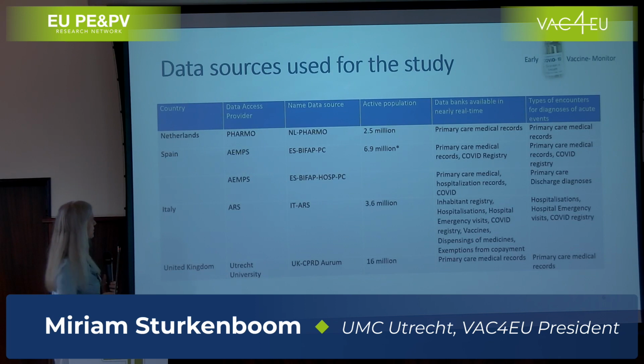The Spanish data from the Spanish Medicines Agency, the BIFAP data source, the primary care, but also linked to hospital data for part of the regions. The Tuscany Regional Health data source and record linkage data source, and then the CPRD data that was handled by Utrecht University. And with different types of outcome assessments, both hospital-based from BIFAP and ours, as well as GP only.